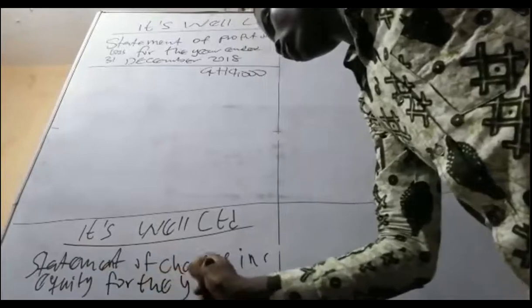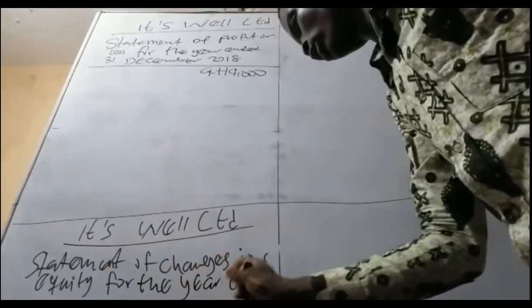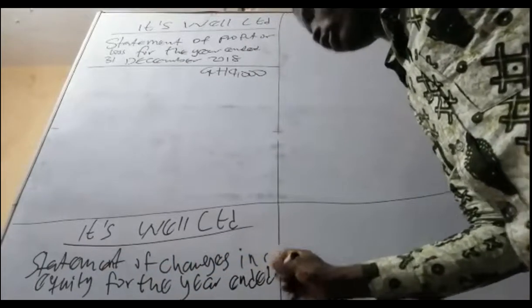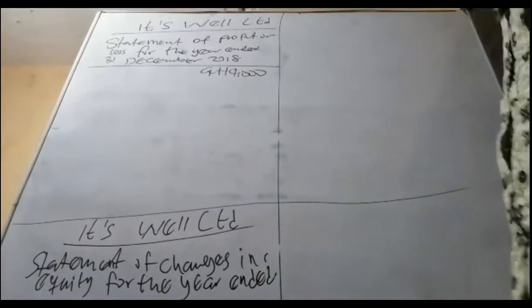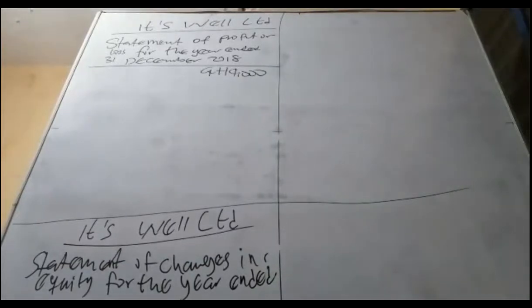Let's put that one down here, for the year ended, good. So for the year ended 31st December 2018. Then you end it there.